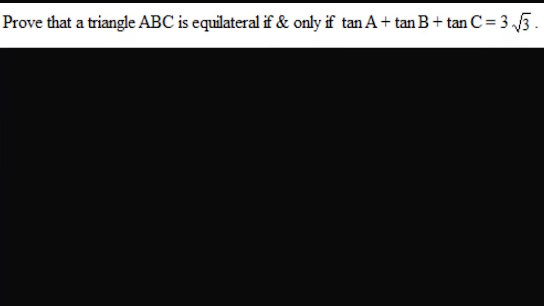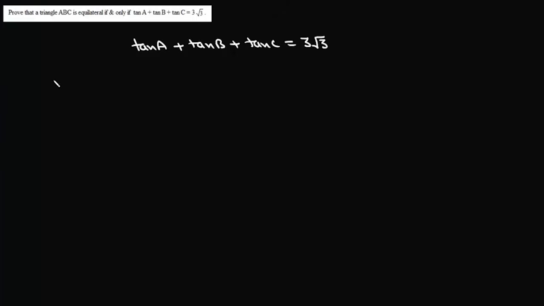Now here the question is, prove that a triangle ABC is equilateral if and only if tan A plus tan B plus tan C equals 3 root 3. So it is if and only if. So we have to prove it both ways. So first let triangle ABC be equilateral.